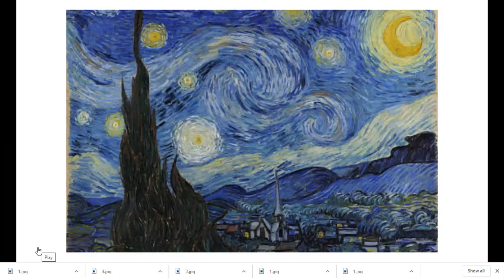He's also using placement. So the tree and the buildings are low and the mountains are a little bit higher up. So that must mean that the tree and the buildings are closer to me and the mountains are a little bit further away. I'm not sure that he's using value here, like we saw.